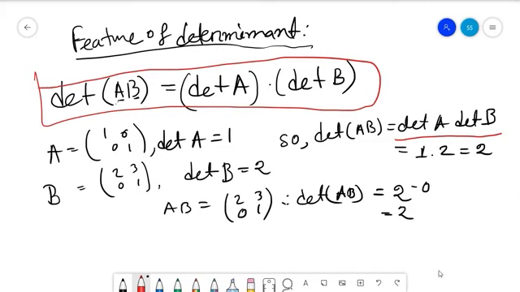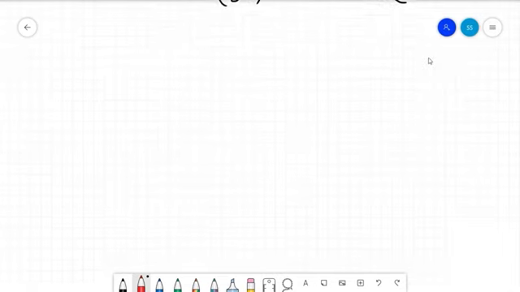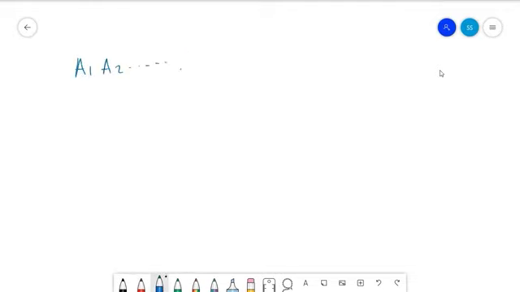So let's say instead of two matrices, let's say I have the most general case, that is I have A1, A2, up to AN, and all of these are square matrices of the same order, and I want to compute their determinant.